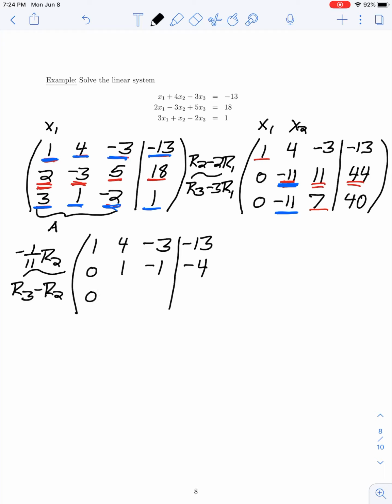So that gives me a third row of 0, -11 plus the 11 gives me a 0 for x2 in my third row. And then 7 minus 11 will give me a negative 4. And then performing that same operation on the constants on the right-hand side, I have 40 minus 44 gives me a negative 4 there.